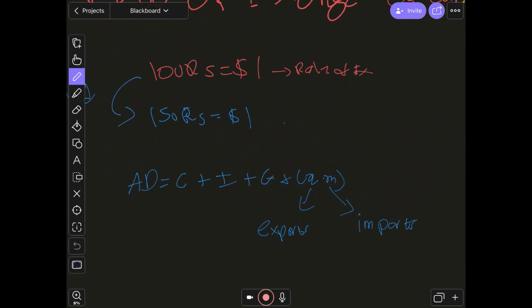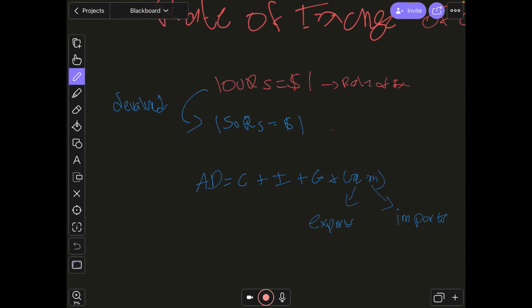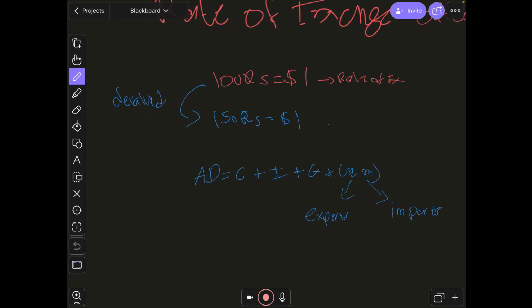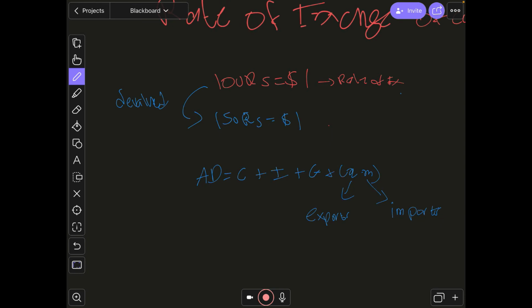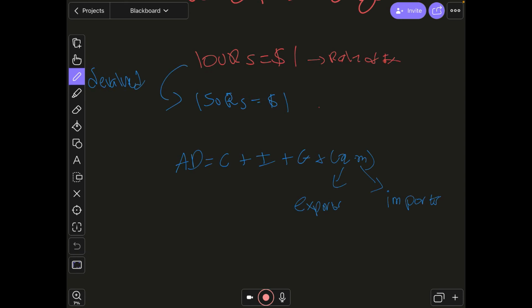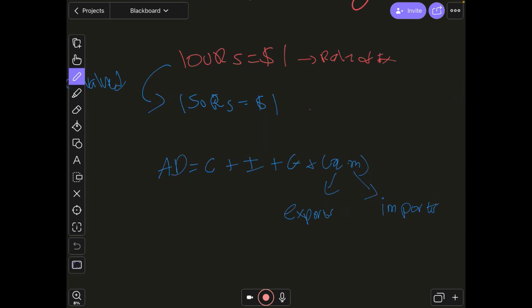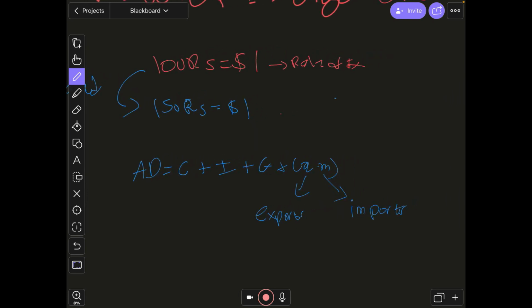So let's say if this case was to happen in real life, if the value of the Pakistani rupee was to devalue, which has already happened, right? And so if this was to follow, then people from the US now can buy more of our goods with the same amount of money. Because let's say they were buying something worth 50 rupees, right? Let's say Lay's from Pakistan or something like that.